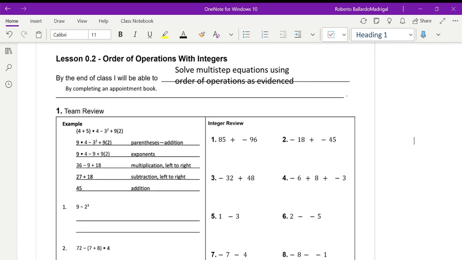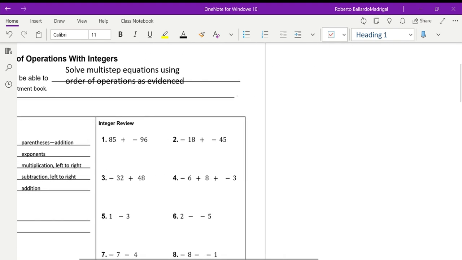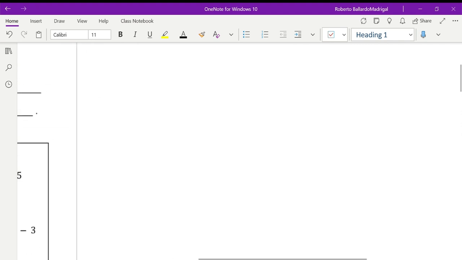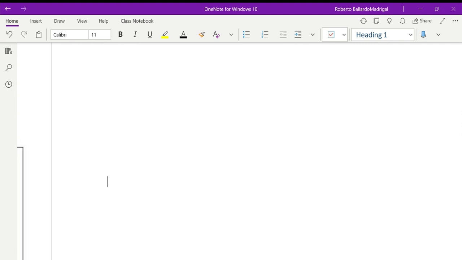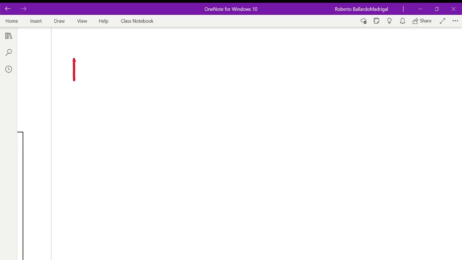So on the side of your paper, if you have space somewhere, I want you to write the following. You're going to write PEMDAS. And we're going to briefly talk about what each of these letters stand for.